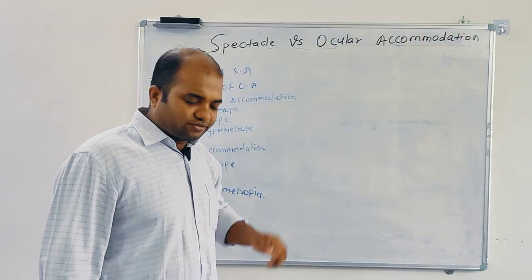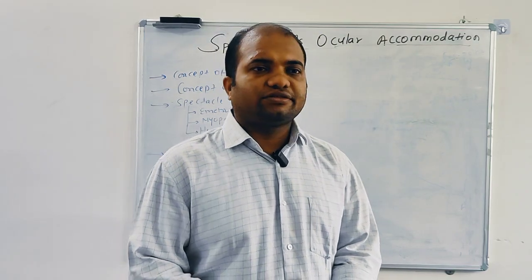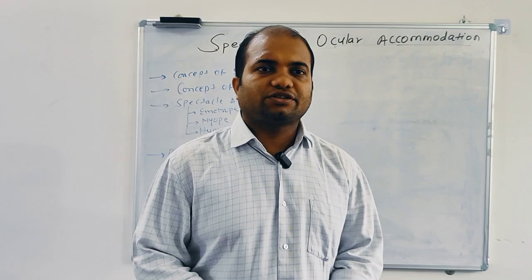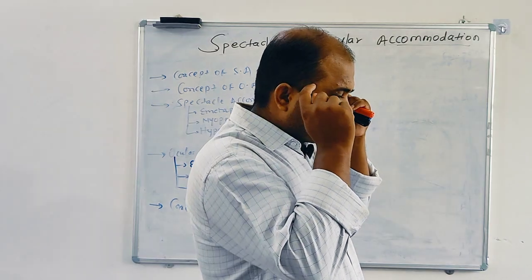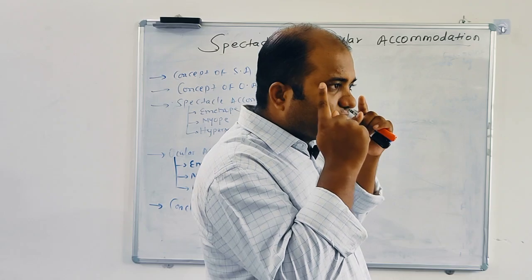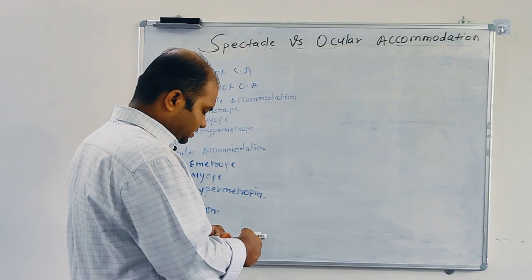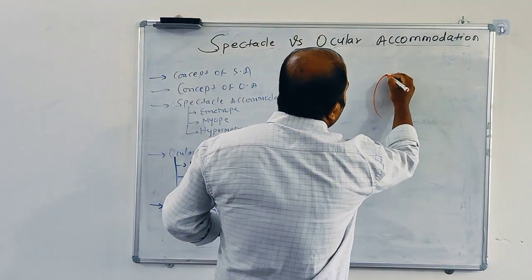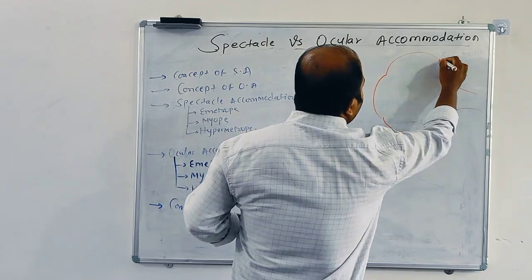Let me define it. What is spectacle accommodation? Anyone? See, if you are wearing glasses, and if the measurement distance is taken from the spectacle plane, if this is your glasses, see, this is your eye, and this is the retinal plane.